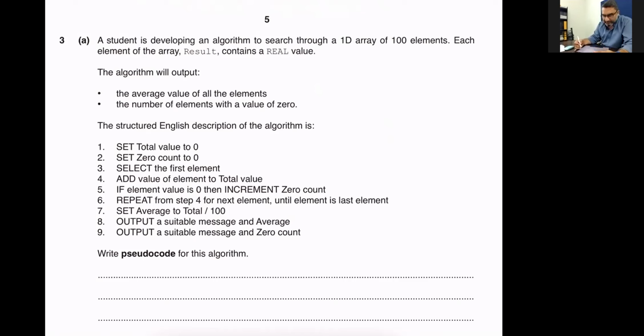Select the first element. So this is like for Index is equal to 1 to 100. And then we have to set the total first. Total is equal to Total plus what is the name of the array? Result.